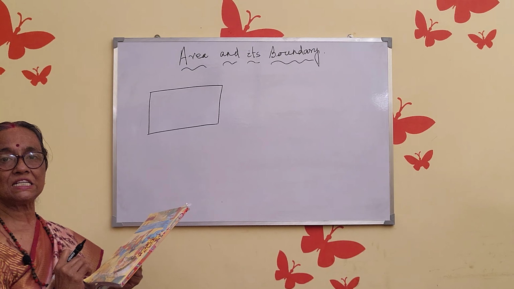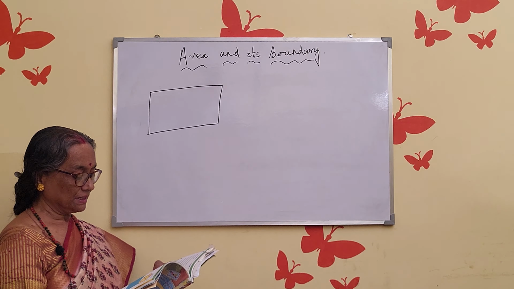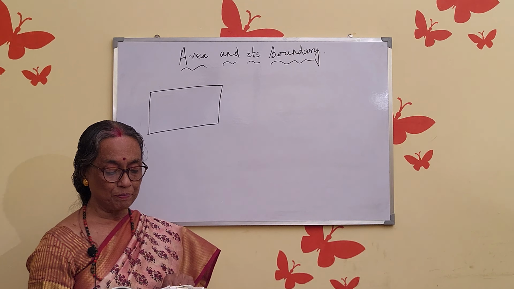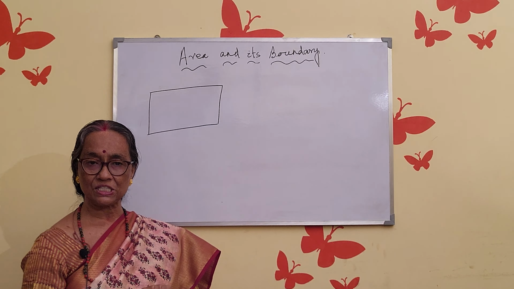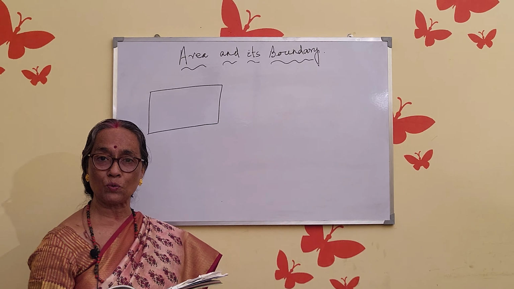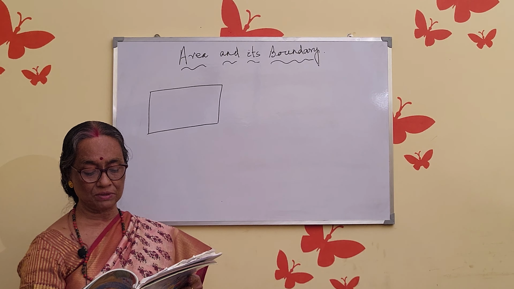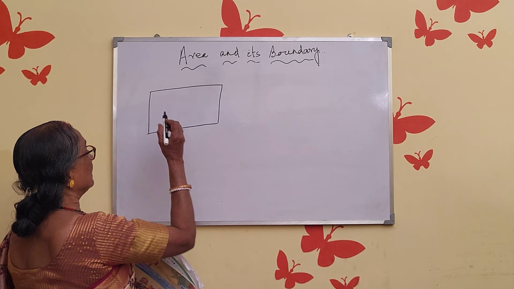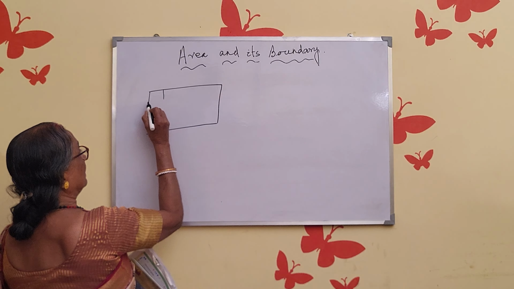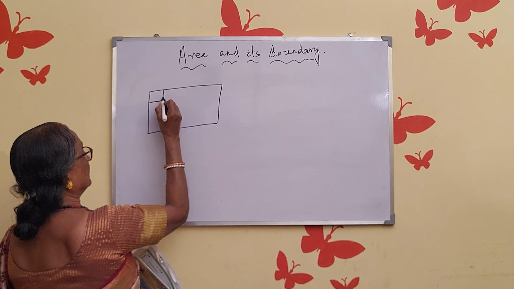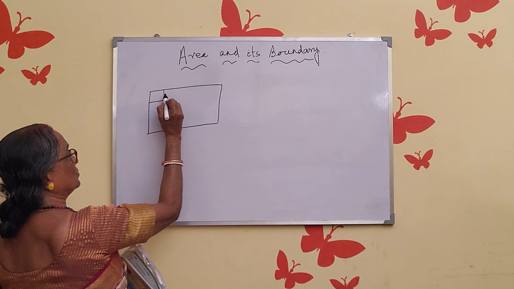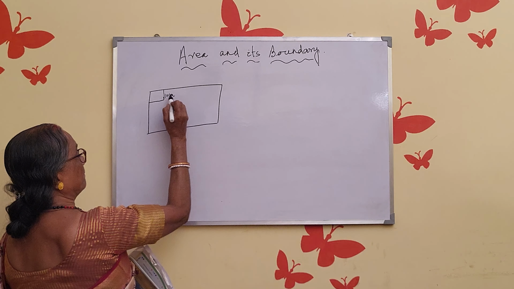Suppose this is the kitchen floor and Arvaz plans to tile his kitchen floor with green square tiles. Each side of the tile is 10 centimeter. Now, each side of the tile is 10 centimeter.